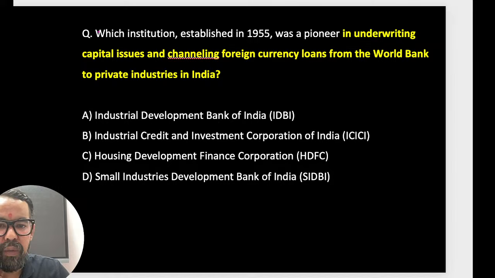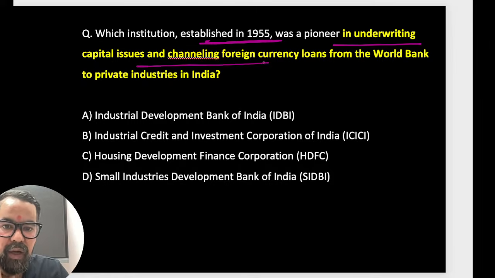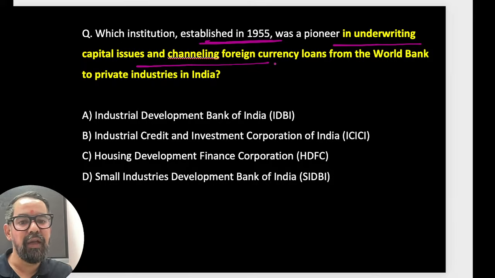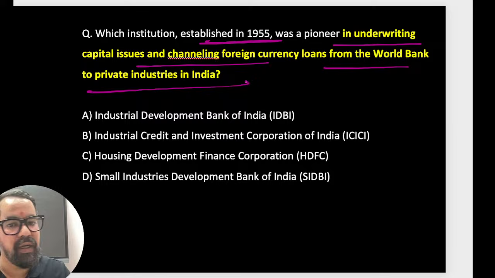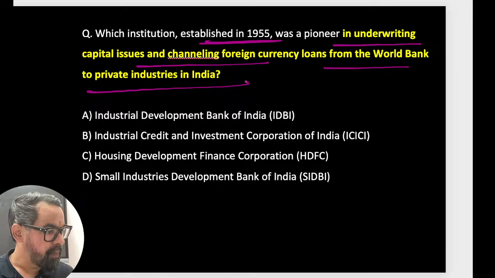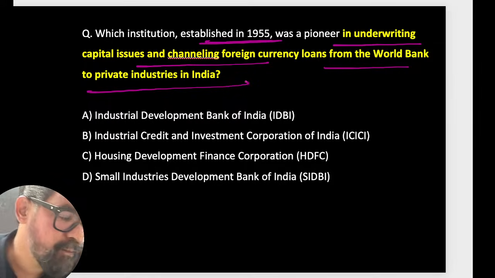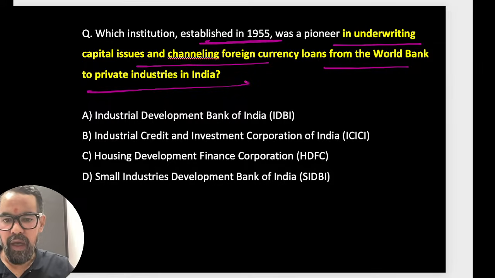Which of the following institutions established in 1955 was a pioneer in underwriting capital issues and channeling foreign currency loans from the World Bank to industries in India? What will be the correct answer?